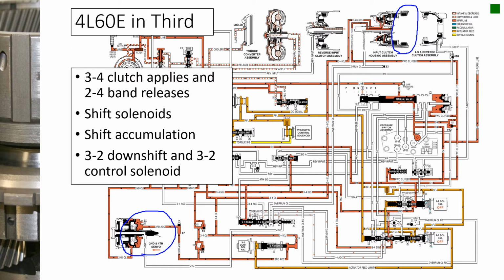When you shift from second to third, you apply a direct clutch and then the intermediate sprag freewheels. And when you shift from third to fourth, an overdrive clutch applies, and there's an overdrive sprag that freewheels. So they never have to release the clutch when they're upshifting, and they only have to apply one. So that can make for a really smooth shifting transmission.